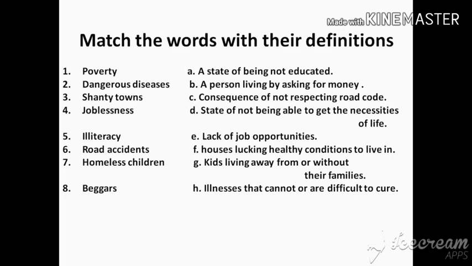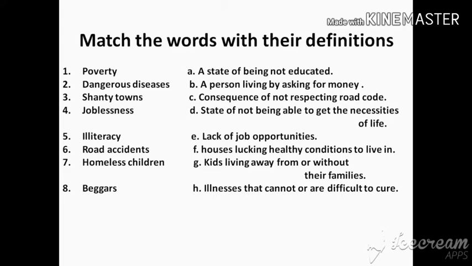B, a person living by asking for money. C, consequence of not respecting road code. D, state of not being able to get the necessities of life. E, lack of job opportunities. F, houses lacking healthy conditions to live in. G, kids living away from or without their families.